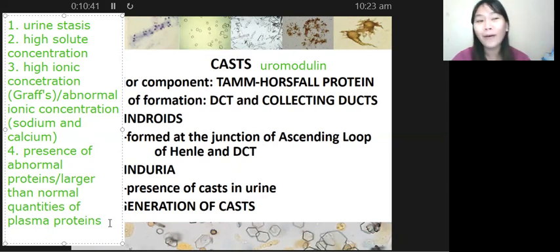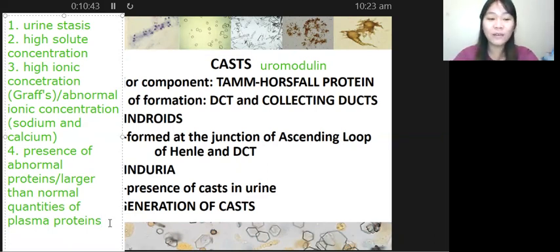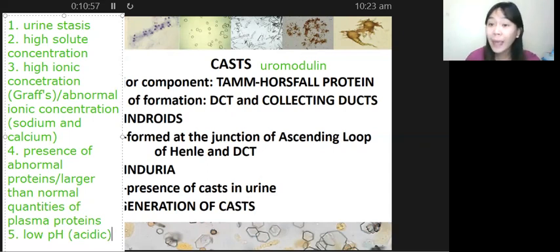May nakalimutan ako. Another factor that we have to consider is low pH. Alam naman natin yan na pag low pH, ano na ulit ito? This is acidic. And of course, an acidic environment will also affect the precipitation and the gelation of your proteins, in this case your Tamm-Horsfall protein.